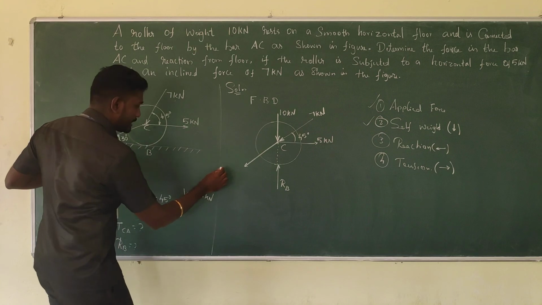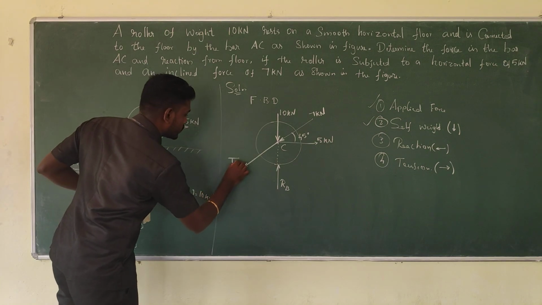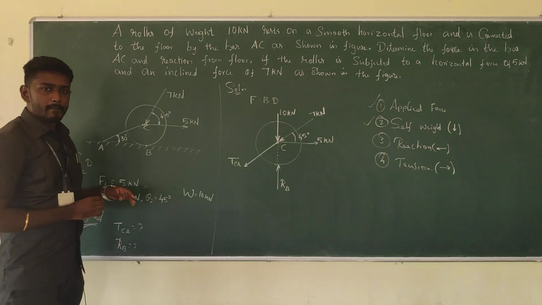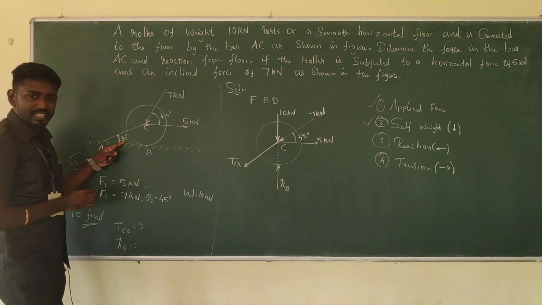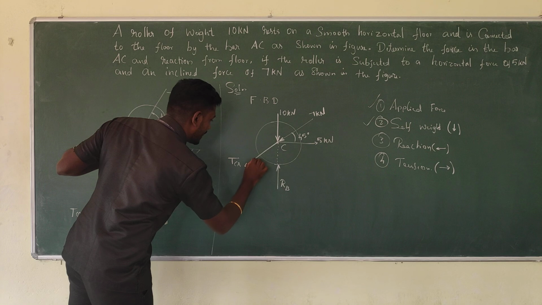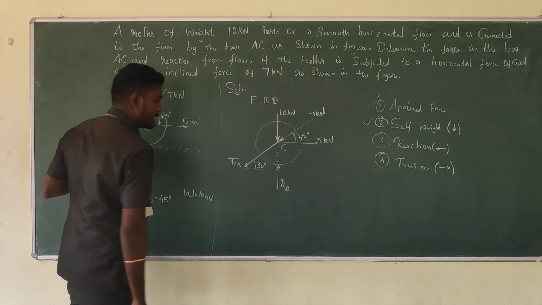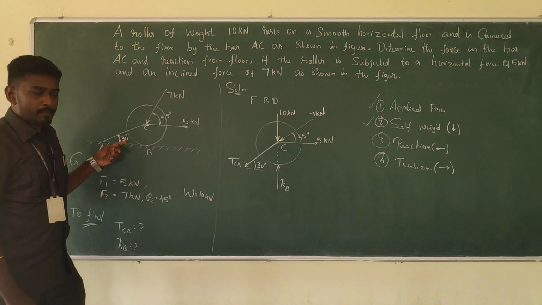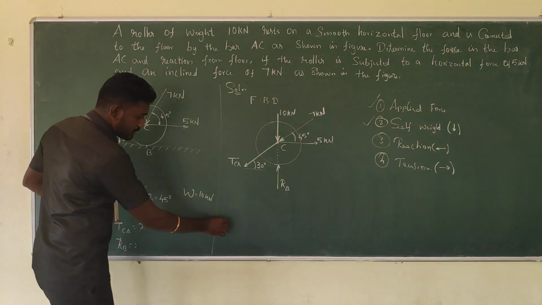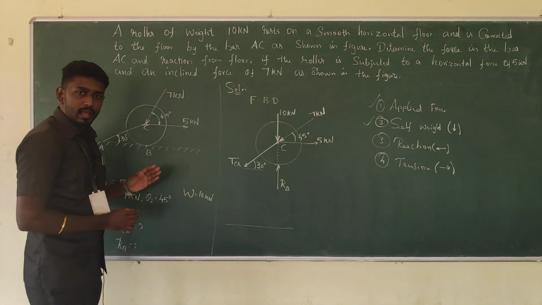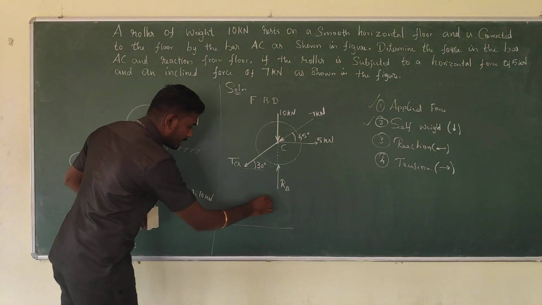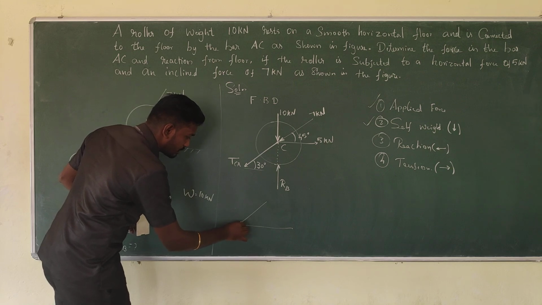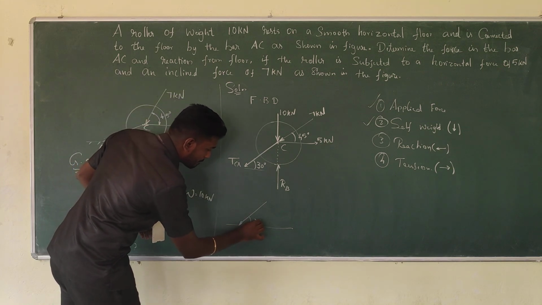So here the tension force TCA. Look at this diagram. The bar is with the inclination 30 degree with the floor. We have a knowledge: parallel angles of forces are equal. That means to the horizontal there is a force with 30 degree.